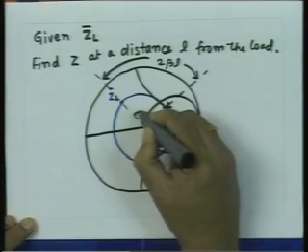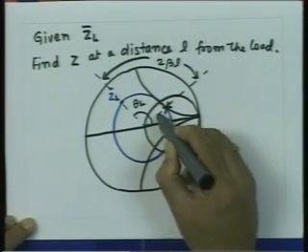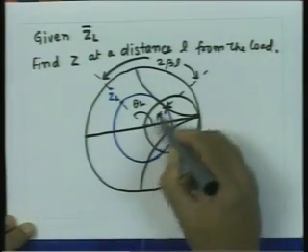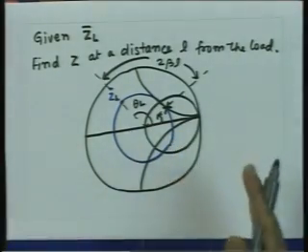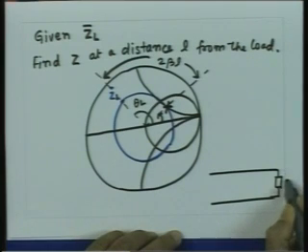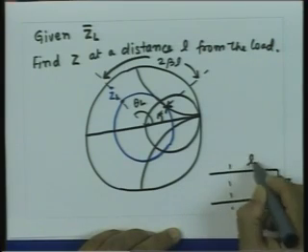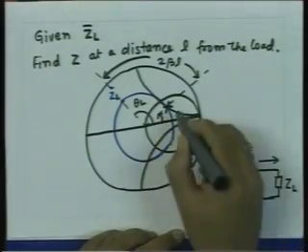This angle was theta L. This angle now will be the angle of the reflection coefficient at location L. I can read this angle, and the magnitude is the same as what I had from here. So, I got the complex reflection coefficient at location L. If this is my transmission line and this is my load impedance ZL, the reflection coefficient here was gamma L. If I move a distance L from here, the reflection coefficient at this location is represented by this point.